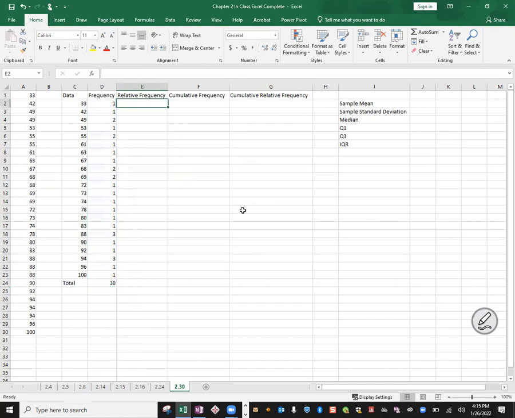So for the relative frequency, for each one of these, you're doing equals your frequency divided by the total. If we highlight this and copy, then we can highlight here, right click, and copy the formula.